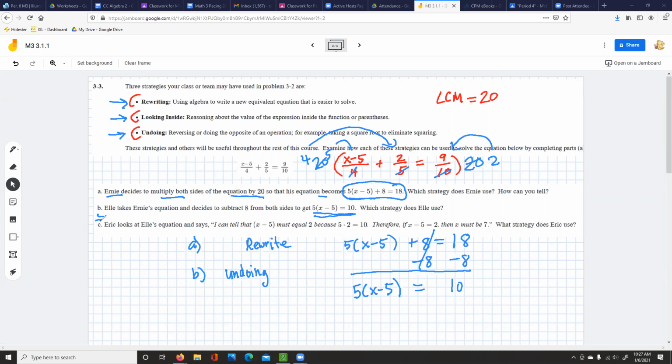Next, part C, Eric looks at L's equation and says, I can tell that x minus 5 must equal 2. So he's looking at this part right here. He says, I know this has to be 2, right? Because 5 times something equals 10, right? What method is that? Looking inside. Right. So part C, Eric is looking inside.